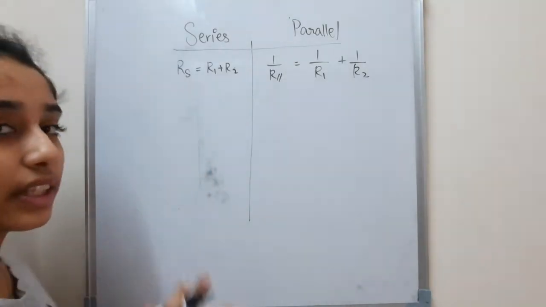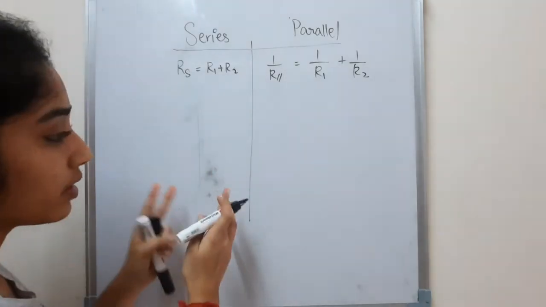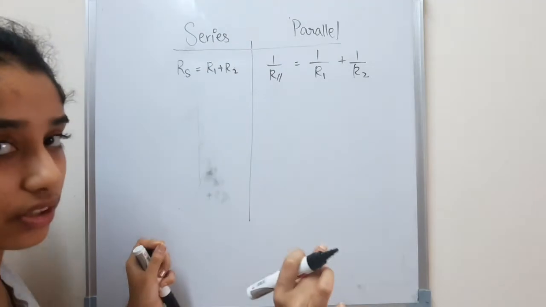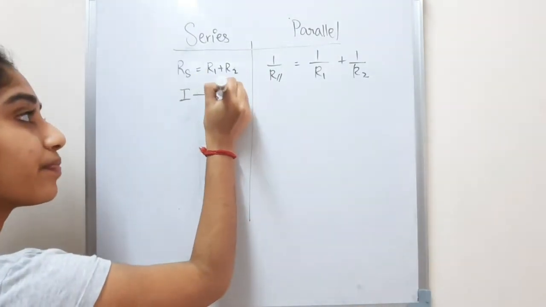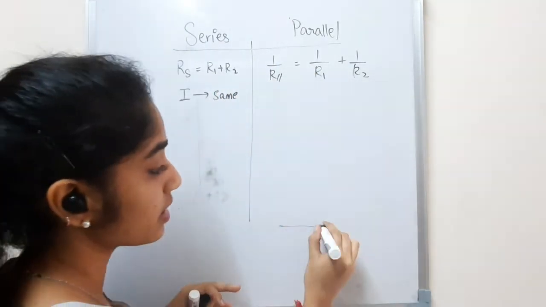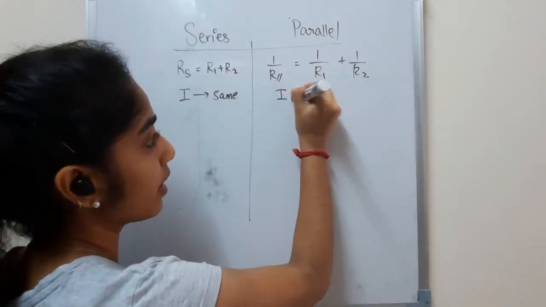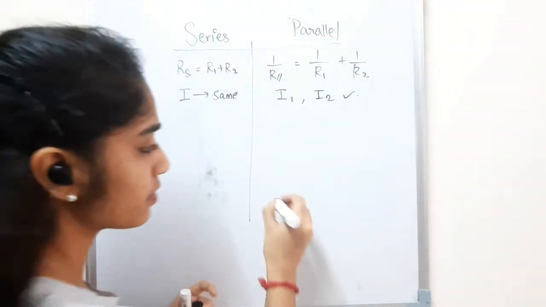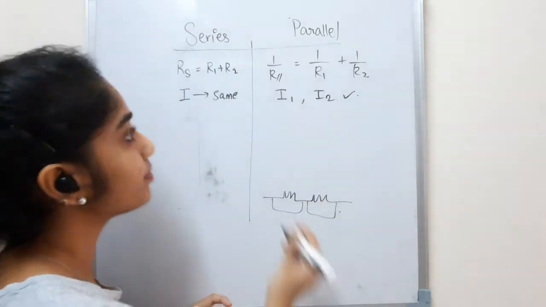Okay? And also in series, just remember that there's only one loop. Right? One loop where the resistors are in series. Same connection for both the resistors, right? Same wire. So, current is the same. Whereas in parallel, the current is getting split up because the resistors are stacked upon each other. So, I1 and I2 exist, right? And in series, there's voltage drop across each resistor, right?